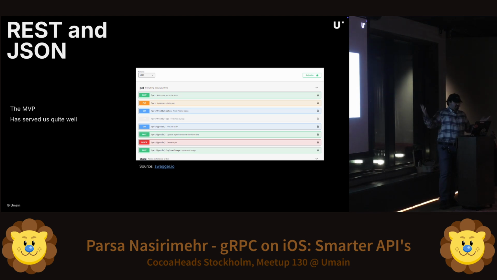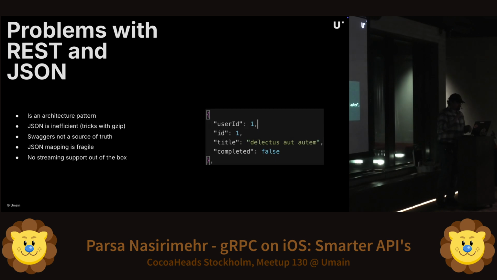Let's start with the MVP, REST and JSON. Every single backend ever has at one point probably supported REST and JSON. It's the MVP, has served us quite well. You have your get, your post, your delete, and all of that good stuff for fetching your resources, right? What's the problem with it though?